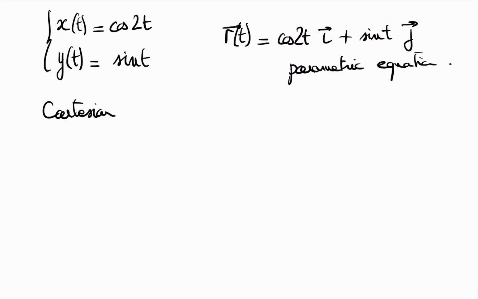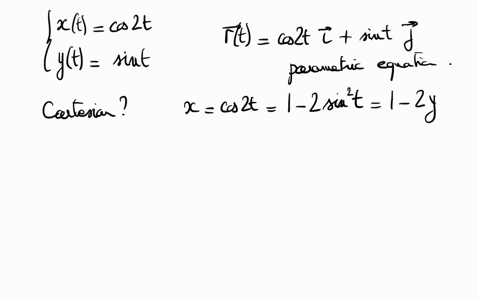Okay. So x is equal to cosine 2t. Cosine 2t we know from a trigonometric relationship that it's 1 minus 2 sine square t, the double angle formula. So therefore it's equal to 1 minus 2y square.